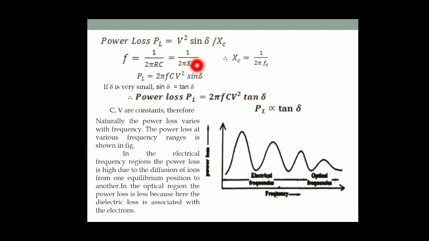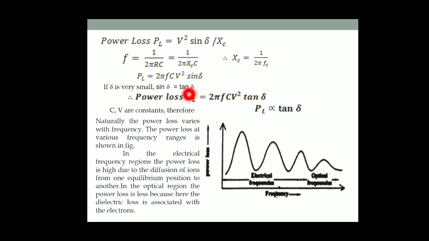We know that the frequency is equal to 1 by 2 pi RC. So R is replaced by Xc, therefore f is equal to 1 by 2 pi Xc C. Therefore, by interchanging Xc and f, Xc is equal to 1 by 2 pi fC. Therefore power loss is equal to 2 pi f C V squared sin delta.